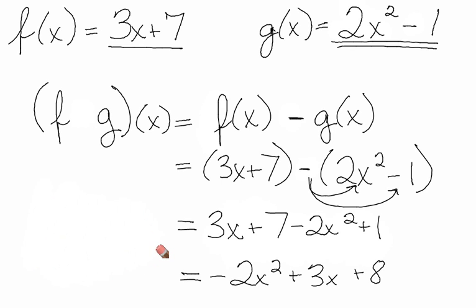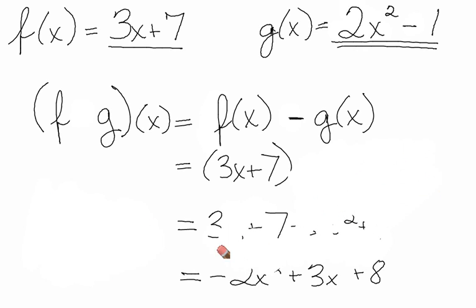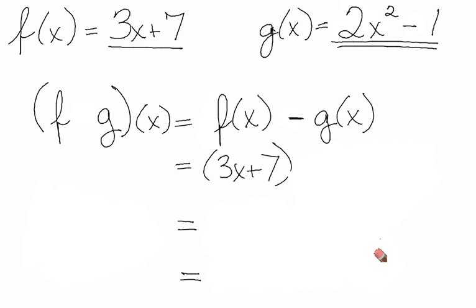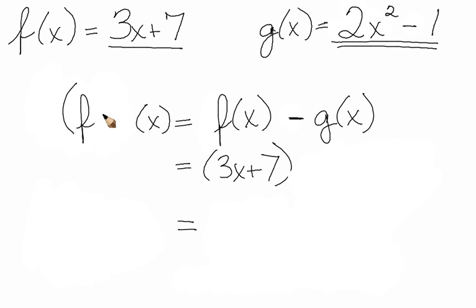For multiplication, we're going to multiply, of course, the two function rules, just like you would expect. So multiply, and when we write multiplication, really, we juxtapose the functions. So you could say f times g, but really we just do it like this, fg. Okay, juxtaposition.